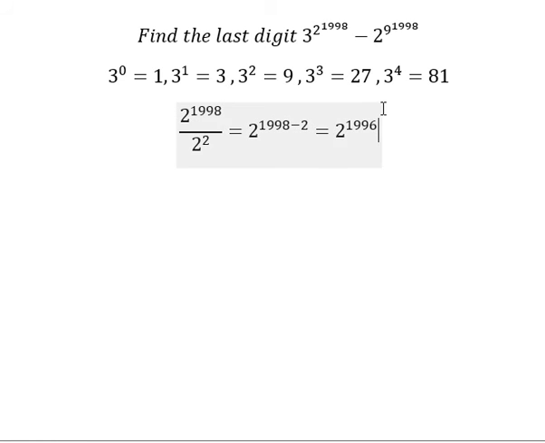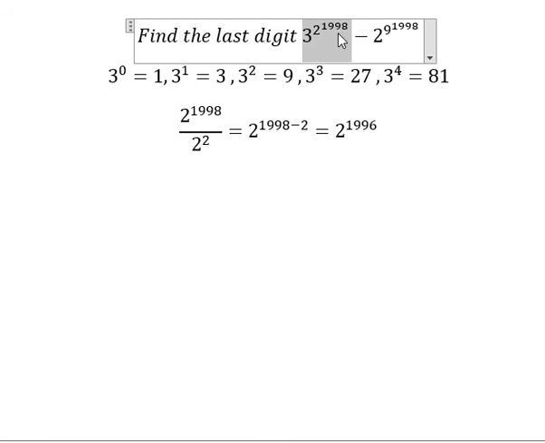So that means after we repeat many times we still have the digit number 1, because after we go back in here the last digit of this one is number 1.